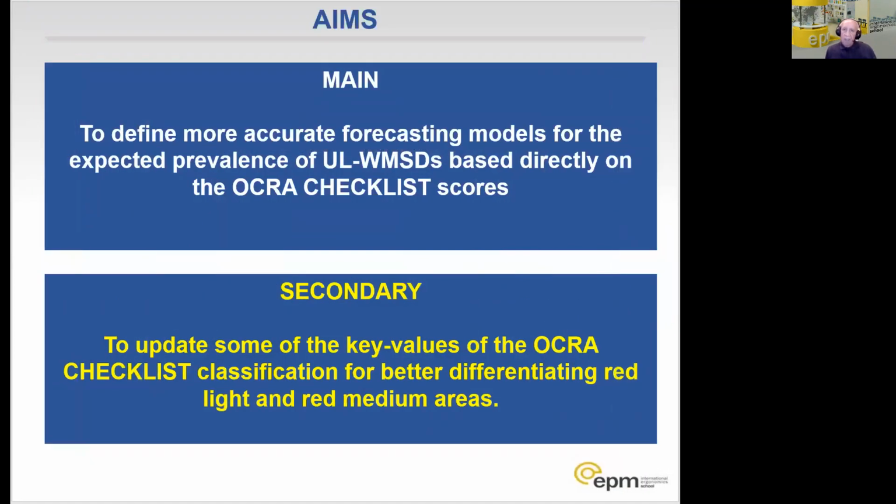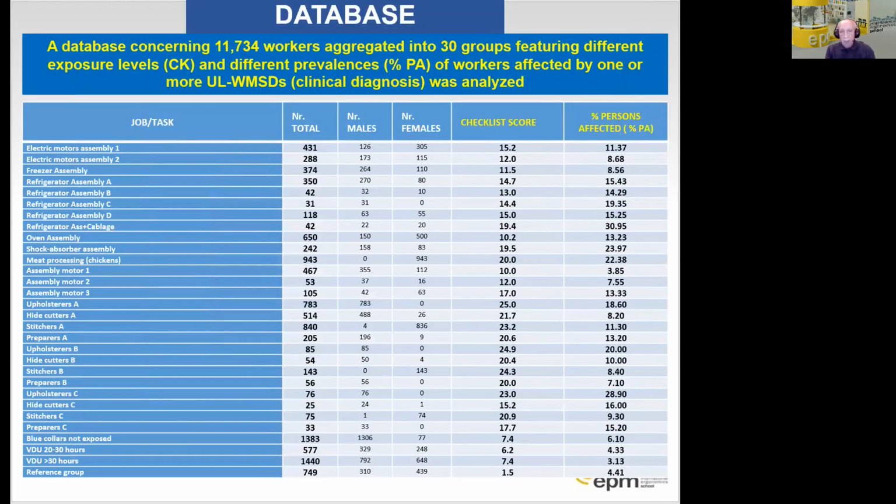Now, the aim of this presentation is to define more accurate forecasting models for the expected prevalence of upper limb musculoskeletal disorders based directly on the OCRA checklist score. And the secondary aim is to update some of the key values of the OCRA checklist classification, especially for better differentiating red light and red medium areas.